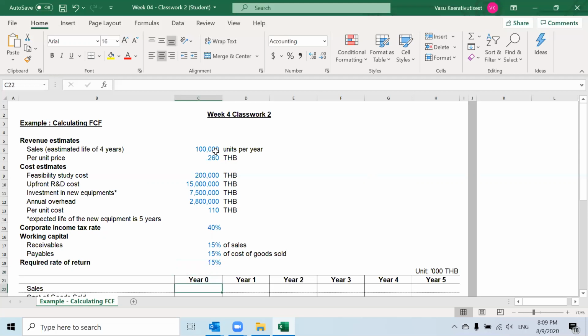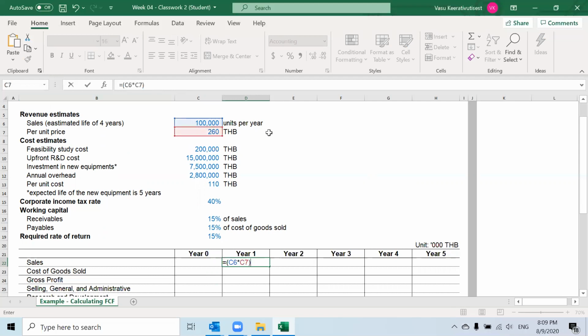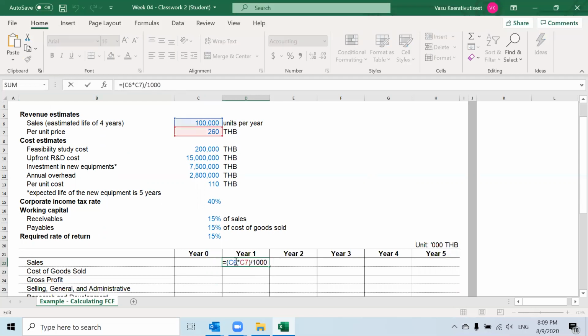Okay, so for example, in the sales, you should put it like this. Sales for year one is equal to open parenthesis sales units multiplied by unit price and divided by 1,000. If you want to lock them, just press F4 like this.